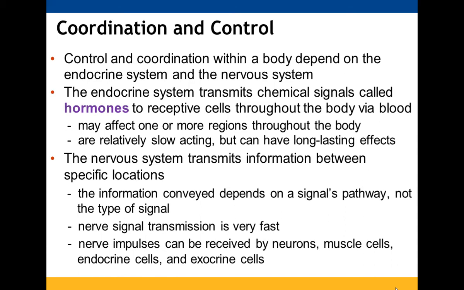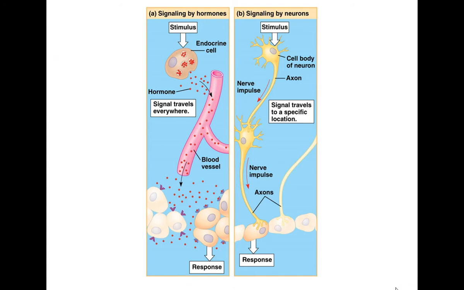Those impulses can be received by other neurons, muscle cells, endocrine cells, or exocrine cells. So the nervous system is just going to get it to one particular spot, while hormones will get it to any particular spot that has the receptor that can take on that particular hormone.